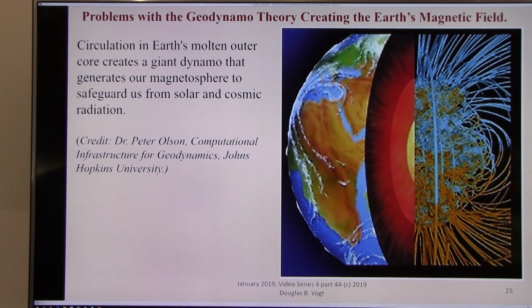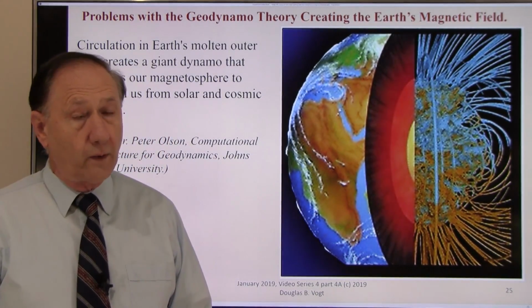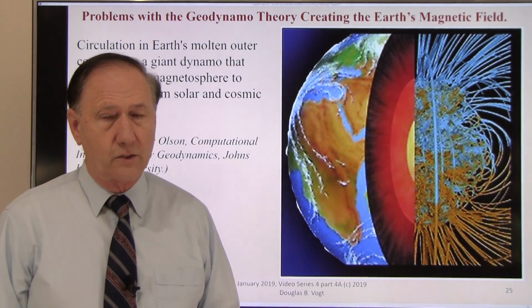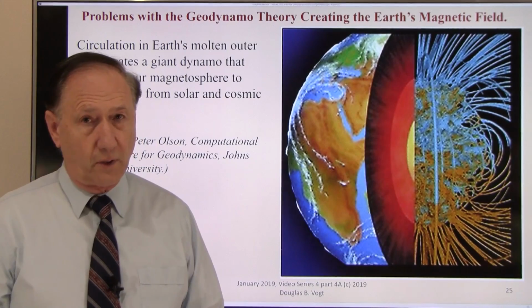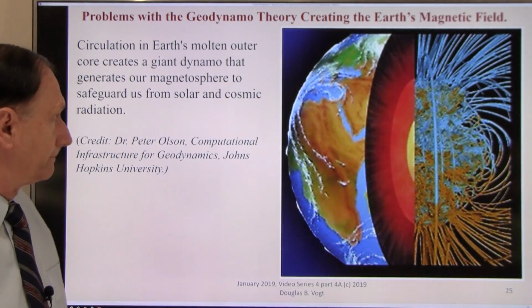The circulation in the Earth's molten outer core creates a giant dynamo that generates our magnetosphere to safeguard us from solar and cosmic radiation. By the way, at the time of the reversal, we don't have a magnetic field. It goes bye-bye. So those cosmic rays and other particles have no problem getting to the surface. Think about it.